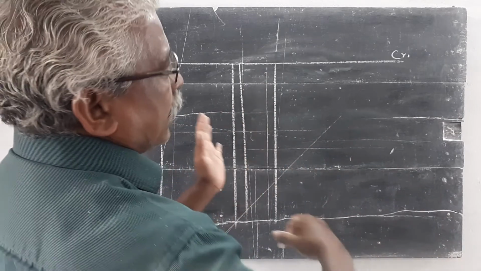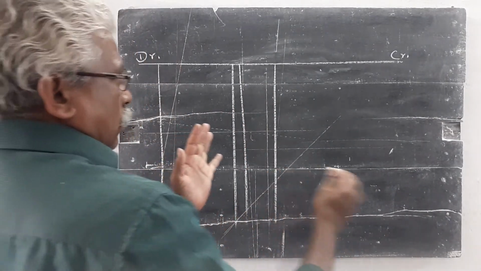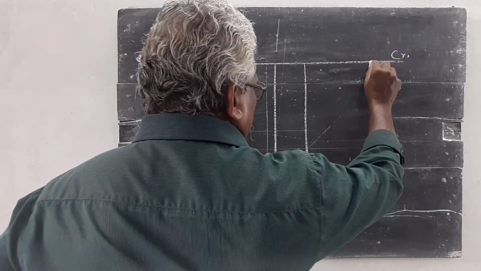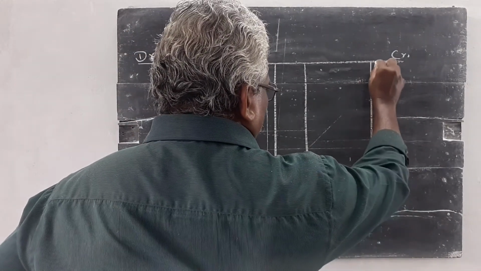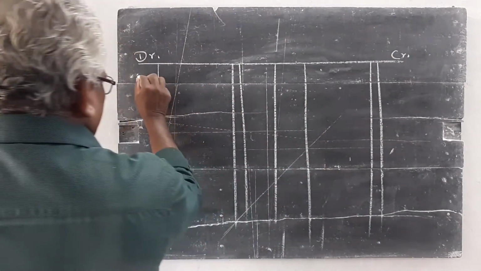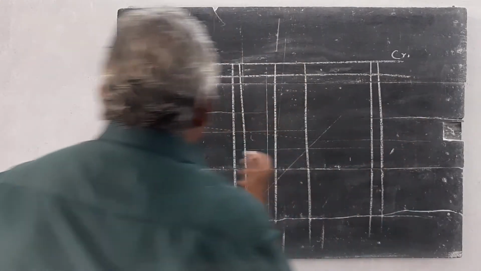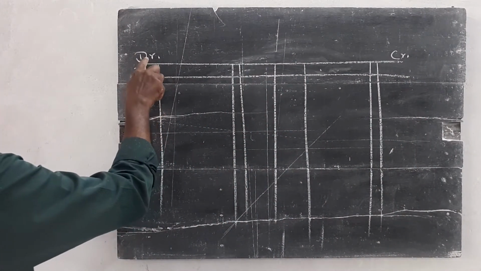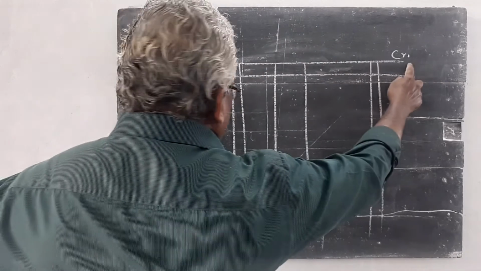Likewise, in the credit side, the right hand side, the entire page is considered. This column is the date column. This column is the particulars column. Then we draw one small column, the ledger folio column, then the amount column. You have to open all the columns one by one. This side is the debit side and this side is the credit side.